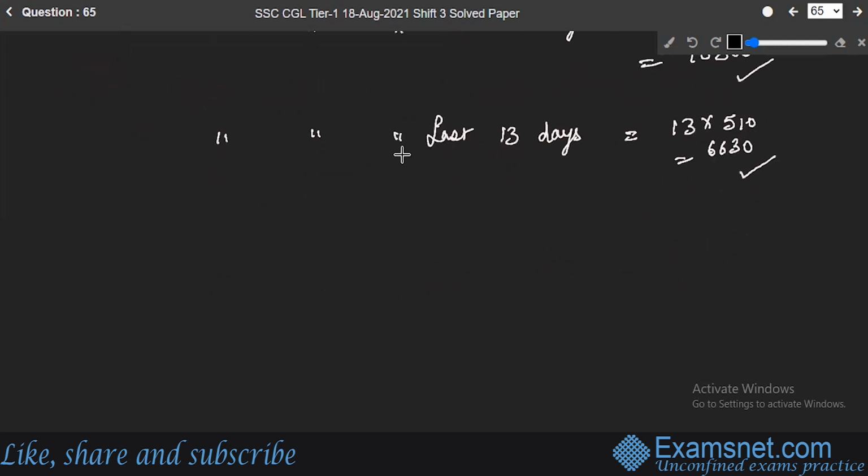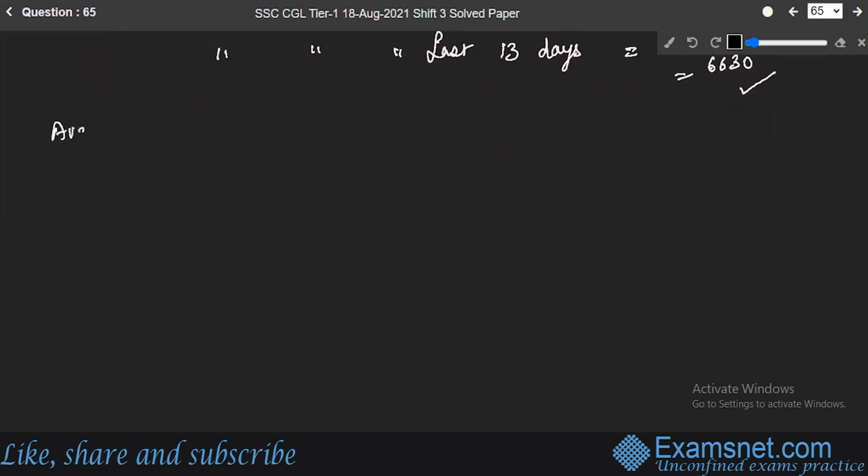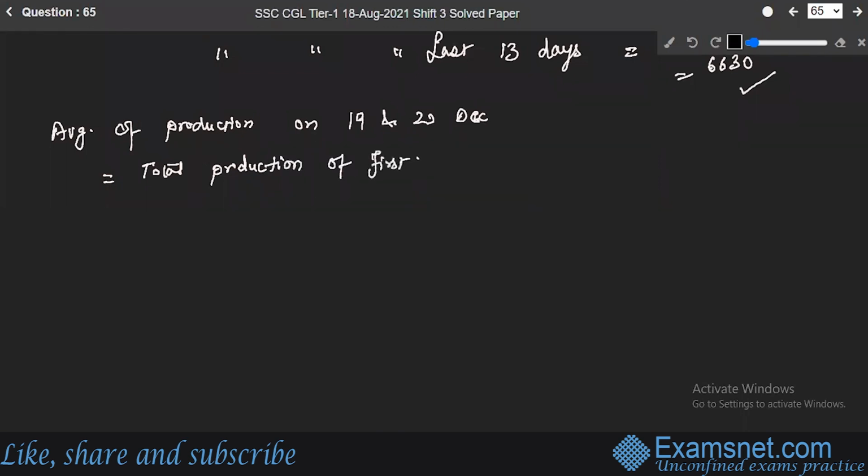So let's write down: average of production on 19 and 20 December is equal to total production of first 20 days plus last 13 days.